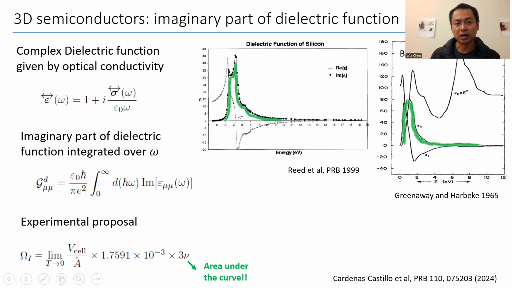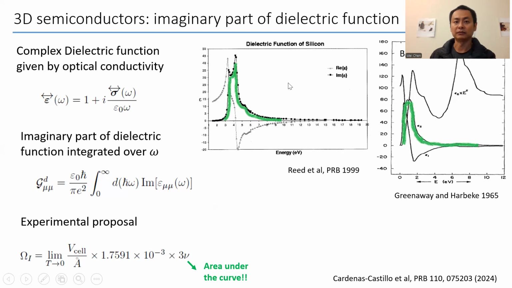Here I am showing you the real and the imaginary parts of this dielectric function. The real part is completely unimportant for my argument, so let us just look at the imaginary part, which is this green line that I am showing you here. Essentially what I want is the area underneath the green line, because I want the dielectric function integrated over frequency, which is precisely this area.